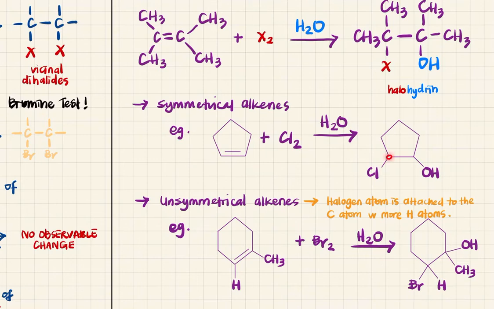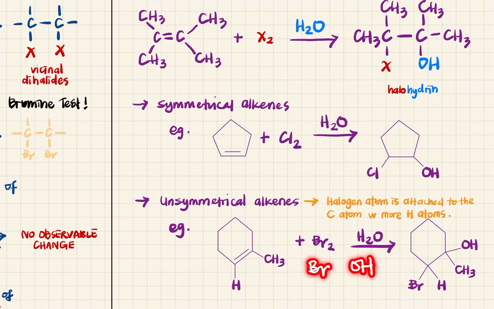It doesn't matter whether you put OH here or Cl here. But if you have an unsymmetrical alkene like right here, if you put a mirror here and reflect, it is not the same: here you have hydrogen and here you have your methyl group. So in this case, how do you know where to put your bromine or OH?